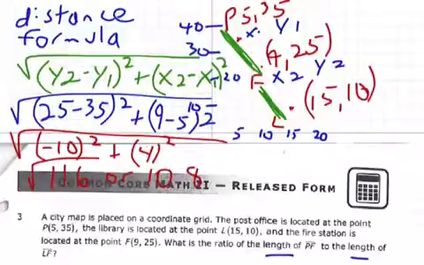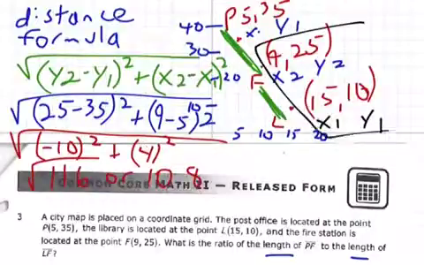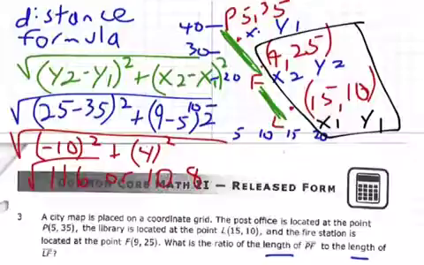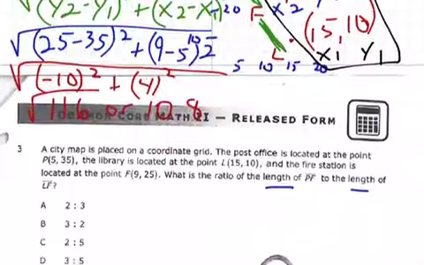Alright? And now I'm going to do that same thing with my next ordered pair. I've already called F x2 and y2, so I could call 15, 10 x1 and y1 if I want, and now I'm just going to find the distance from there to there. So I'm going to plug those into my distance formula.